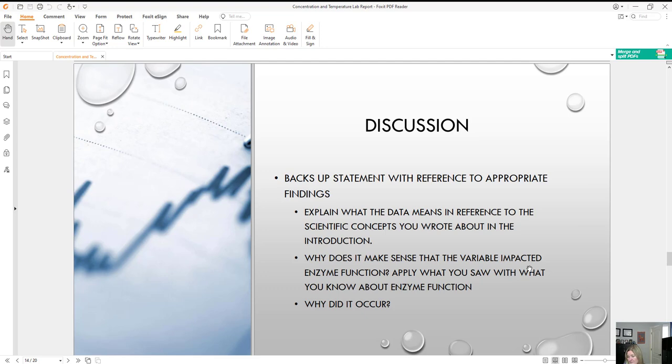The potato enzyme, there's information on that particular enzyme. What is the optimal pH for that particular enzyme? You could look it up on Google, and then make sure you include the citation for where you got it from. And that will help us explain why at pH 2 we got nothing.